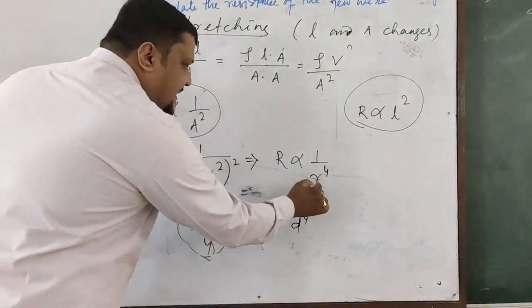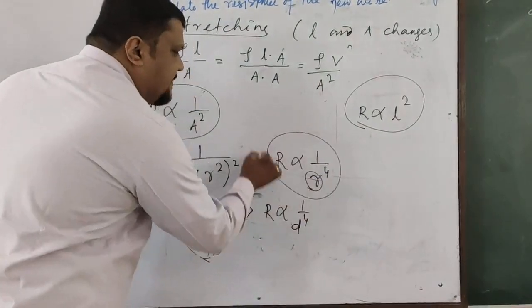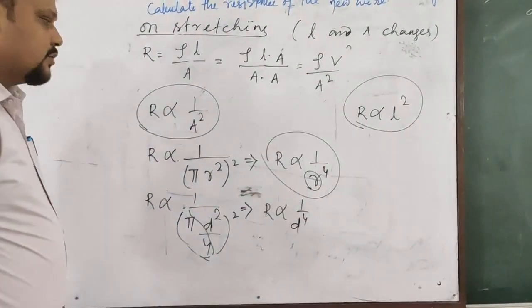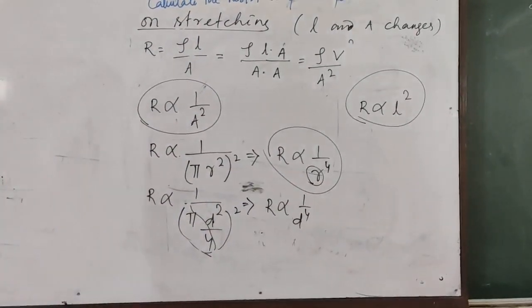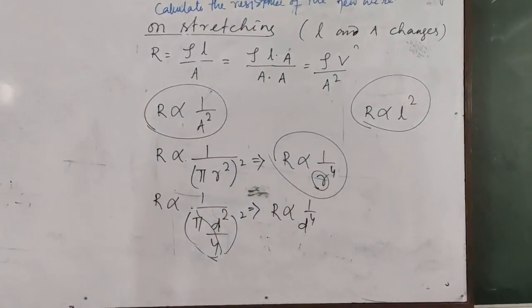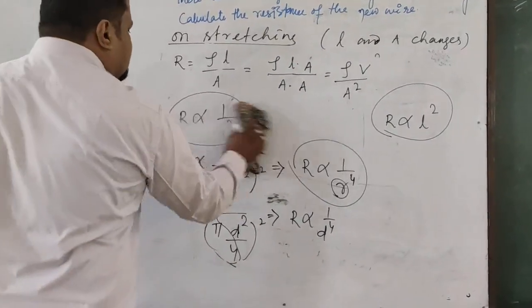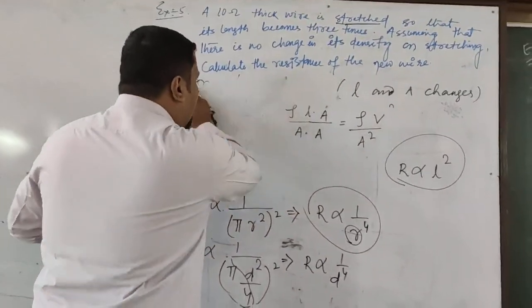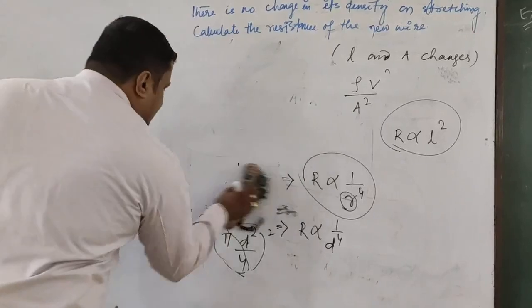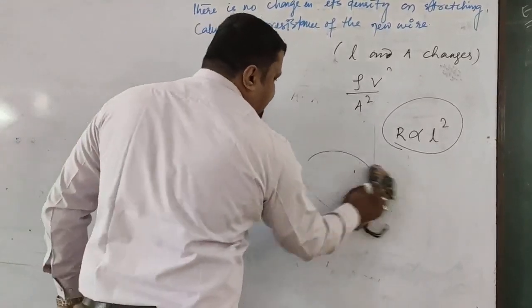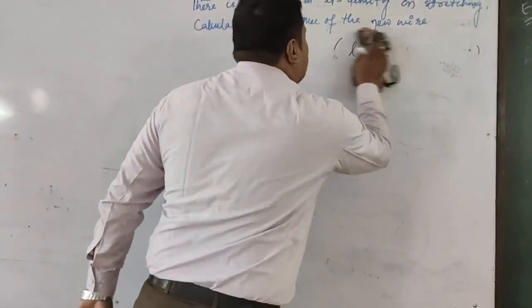If radius is given, R is inversely proportional to R4. So these are the formulas used on stretching. So you cannot say R is proportional to L. Using this formula, now we discuss this question.